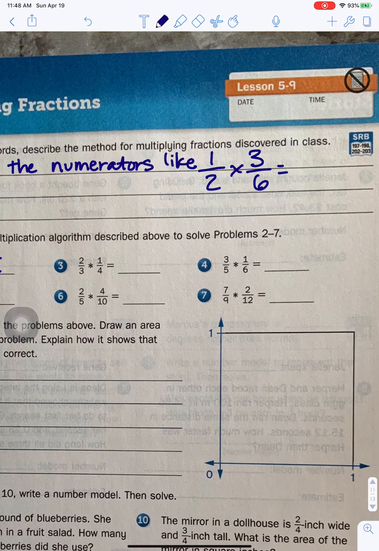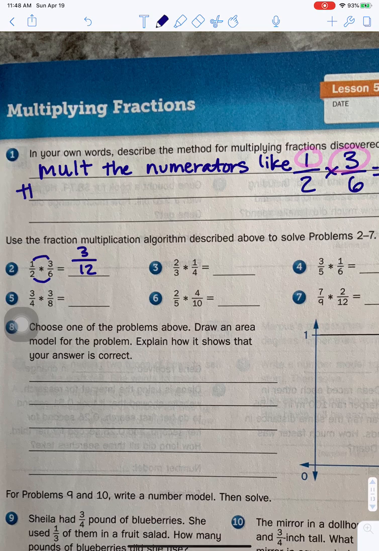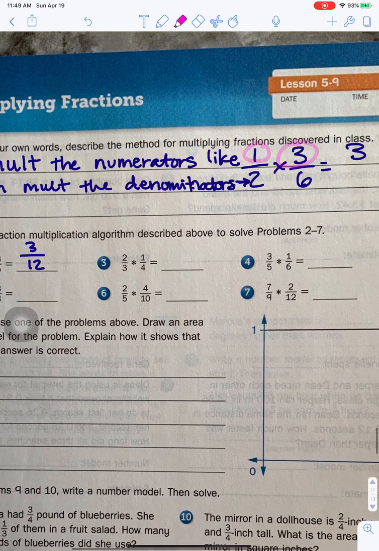And if you multiply the two numerators, it would be 1 and 3, and the answer is 3. Then multiply the denominators. And so the two denominators are 2 and 6, equals 12.